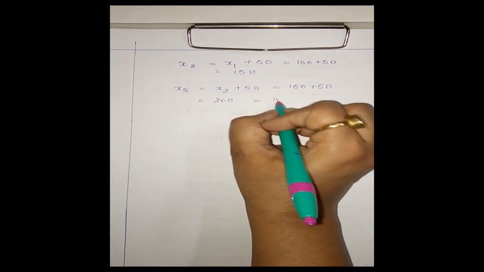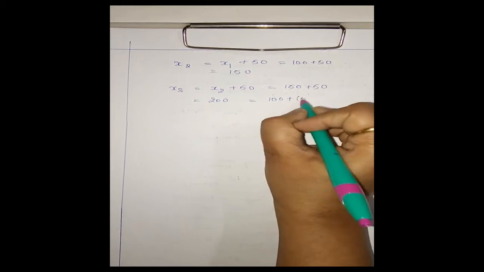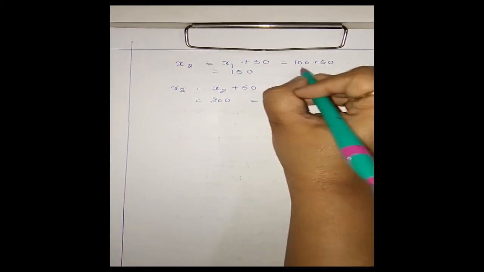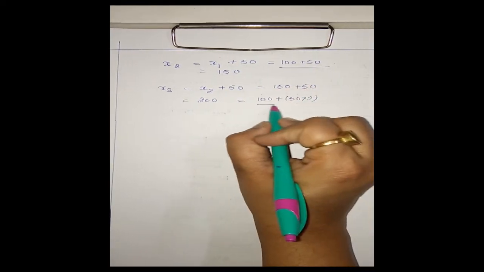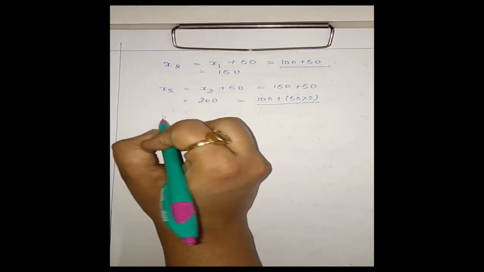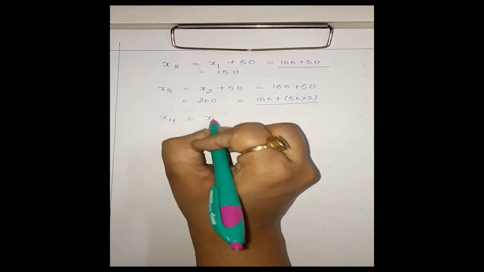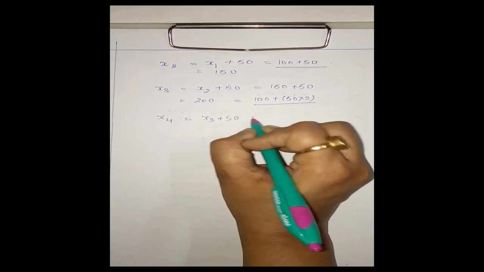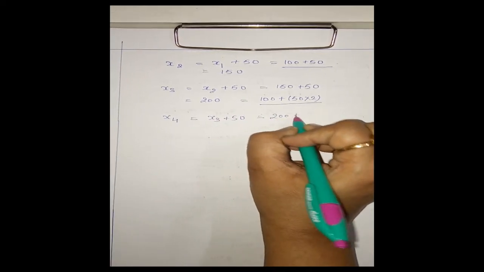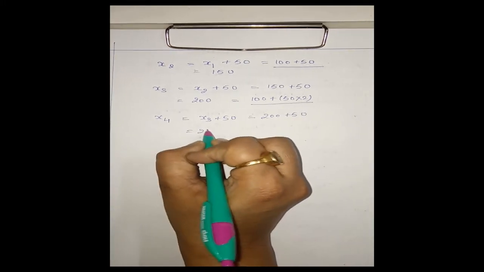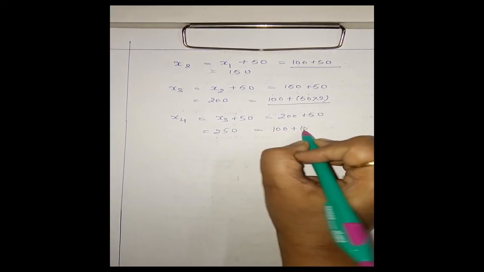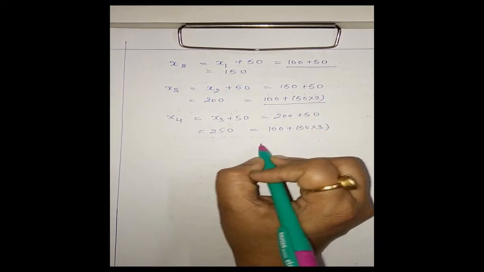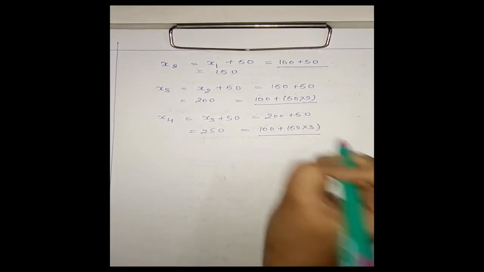Or I can also write this as 100 plus 50 into 2. This is 100 plus 50 into 1, and this is 100 plus 50 into 2. Same way, x4 can be written as x3 plus 50, that is 200 plus 50, that is 250. That is 100 plus 50 into 3. I can also write like this.